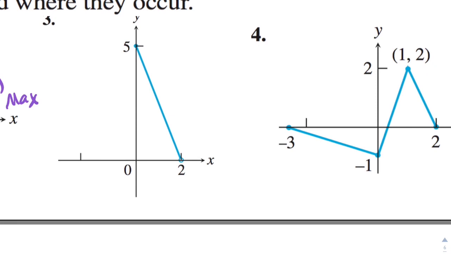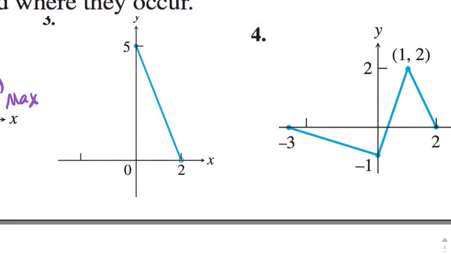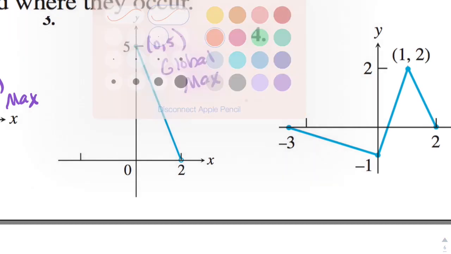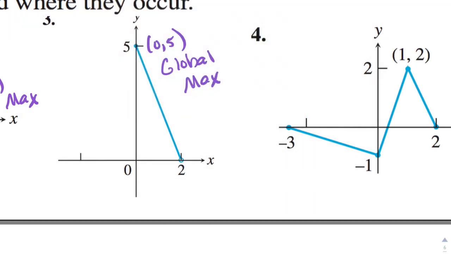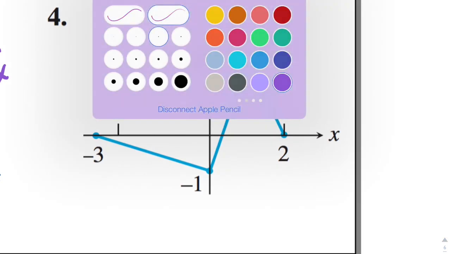Number 3, looks like at 0, 5, we have a global max, which implies that it is also a local max. There is nothing happening over here. I'm not going to label them anymore. I'm just going to say that there's nothing happening anywhere else. At 1, 2, we have a global max.